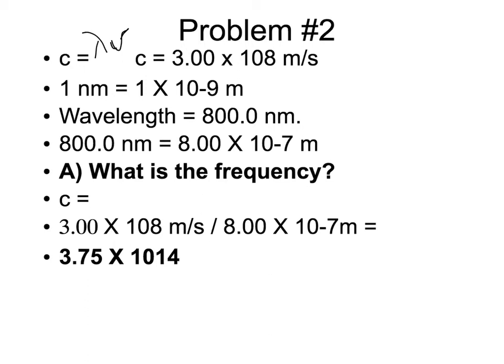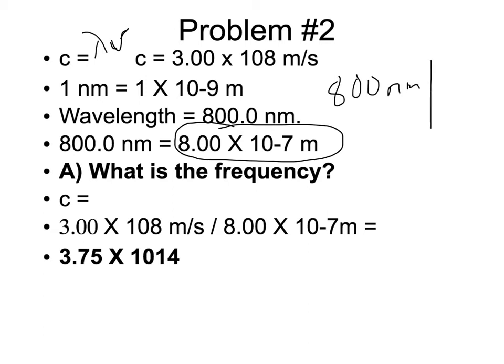When you set that up, it's 800 nanometers times 1 times 10 to the negative 9th over 1 nanometer. So you take 800 times 1 times 10 to the negative 9th, and you're going to get 8.00 times 10 to the negative 7th.